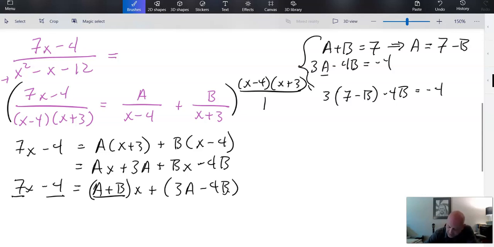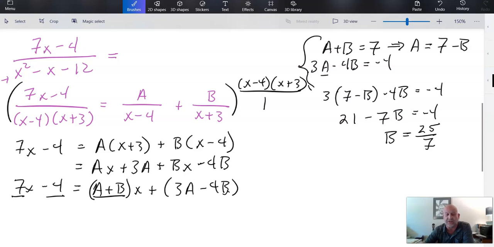And then distributing and collecting like terms, this gives me 21 minus 7b is equal to negative 4. And subtracting that over and dividing by negative 7 gives me that b is equal to 25 sevenths.